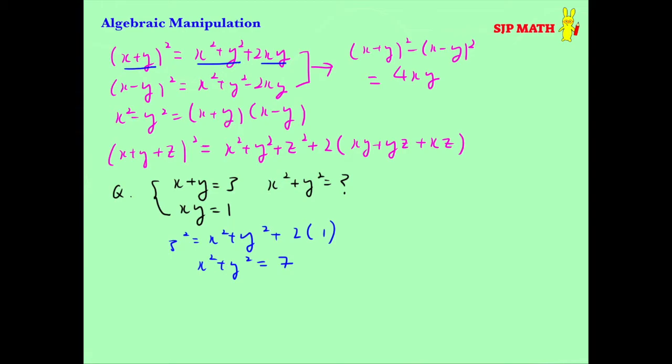If we know the sum and the difference of two numbers, we can straight away find the difference of their squares using this formula. And likewise, if we know the sum and the difference of two numbers, we can find the product of the numbers using this.